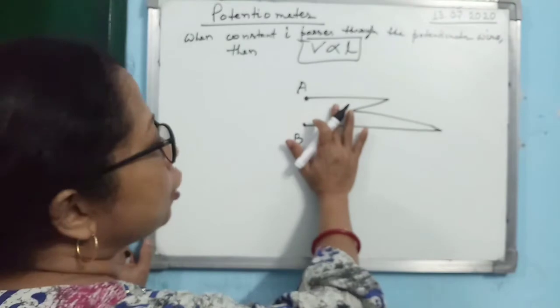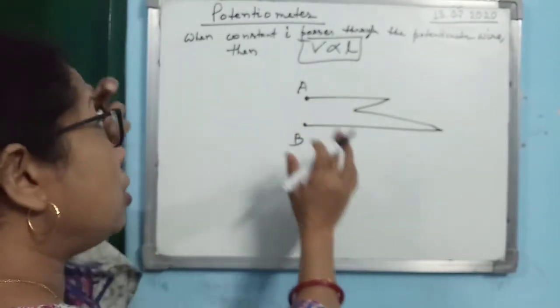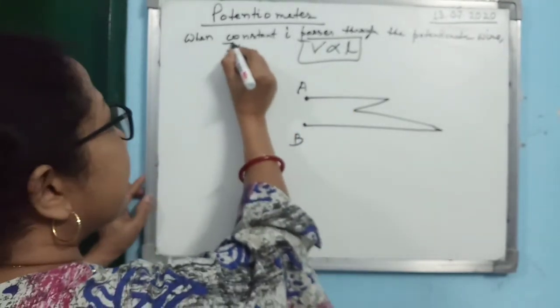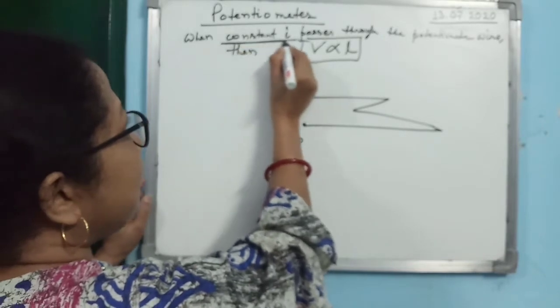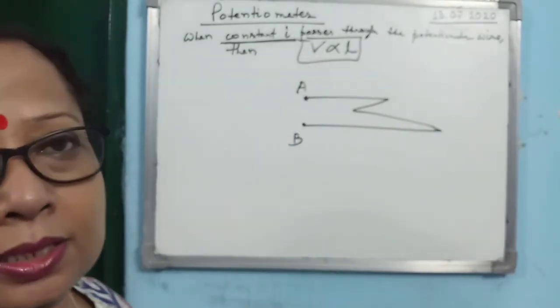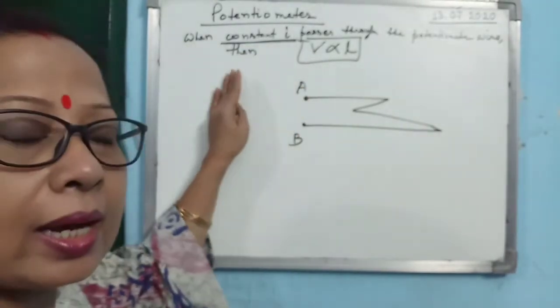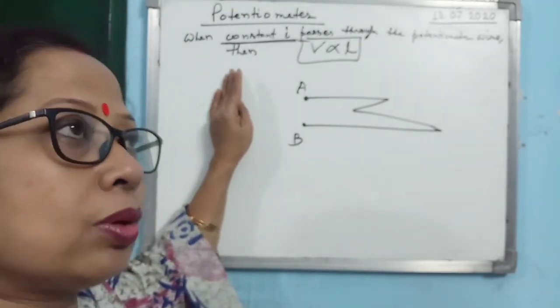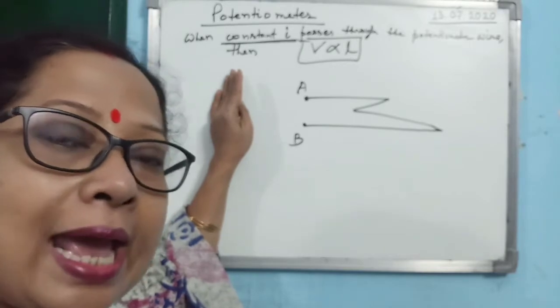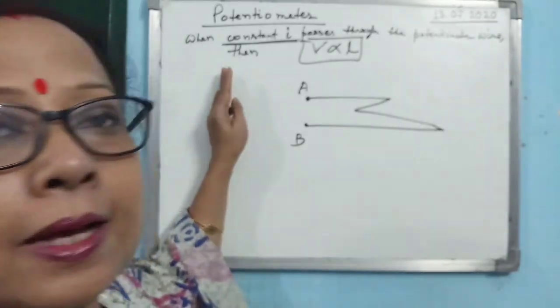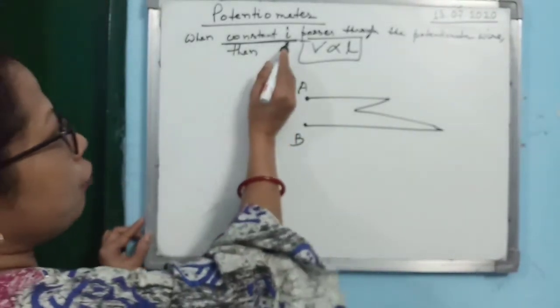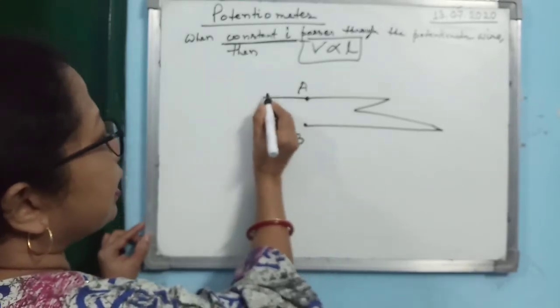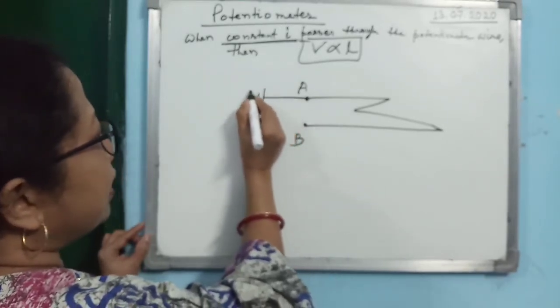So how we can show this? For the potentiometer, remember that always we need a circuit which is able to send constant current. So this part of the circuit now I will draw, which is the same for every potentiometer circuit. If you want to send constant current, then you need a battery.